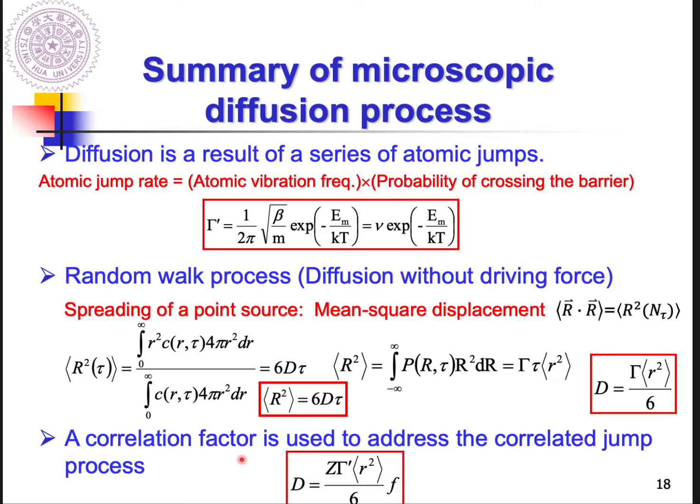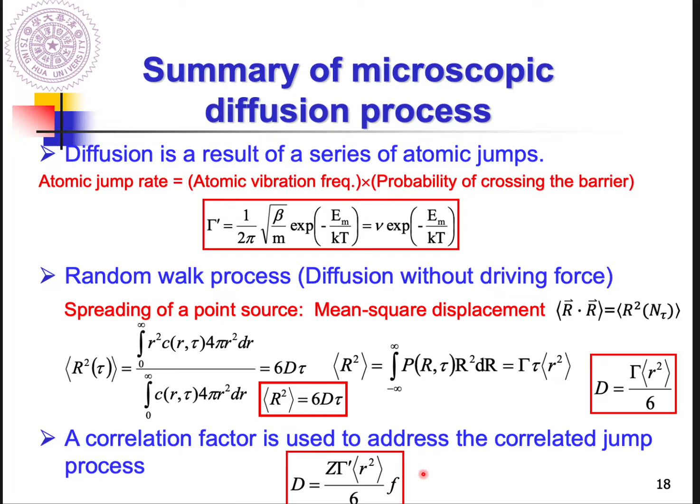After adding this term, we get the expression of diffusivity equals gamma times the mean square jump distance times the correlation factor F. Don't forget that F equals 1 is the same as this result, which means we are talking about the random walk process.